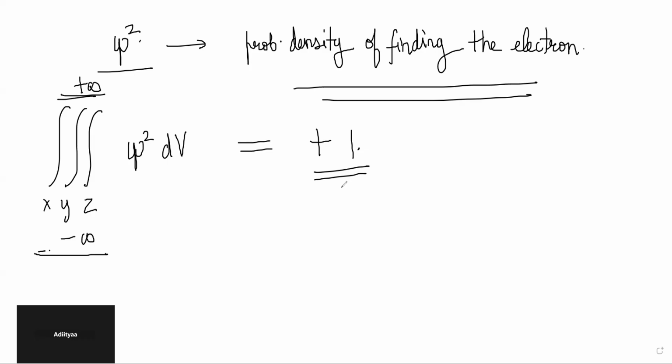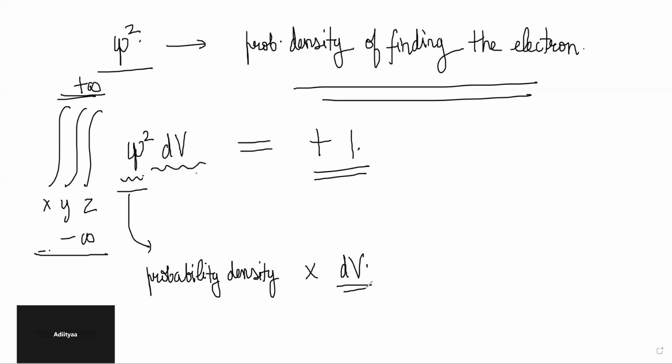What is dV? Volume. We are doing an integral of psi square multiplied with the volume, because psi square means probability density. And when I say probability density, it is the probability of finding an electron divided by a particular volume, right? So when you multiply probability density with a small volume, you will get the probability, right?